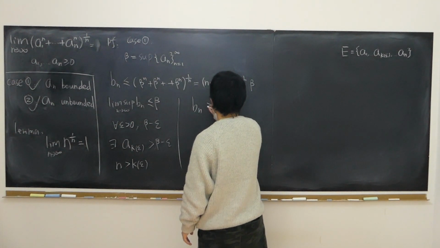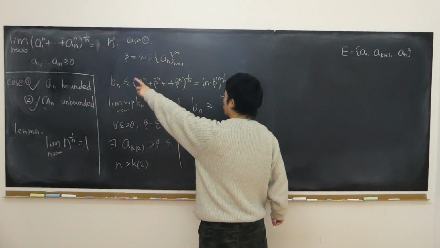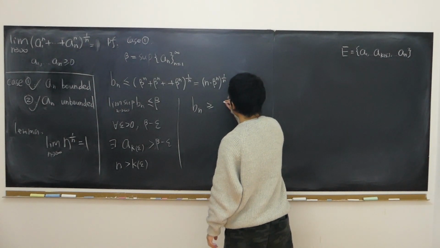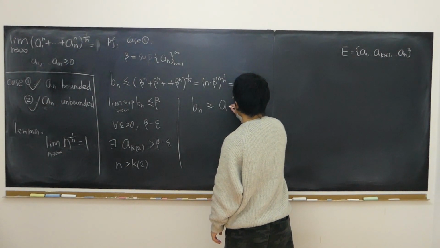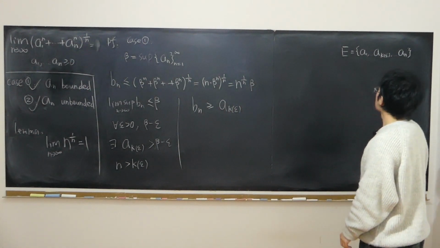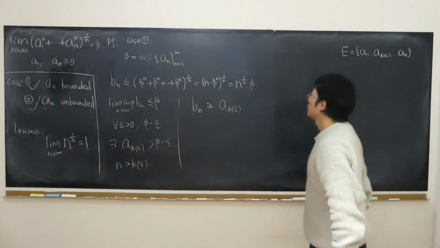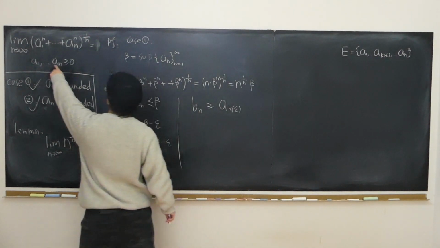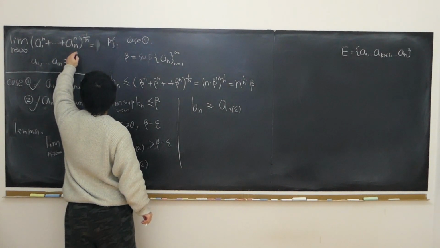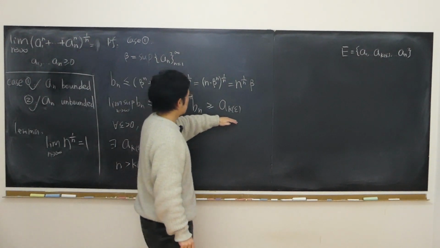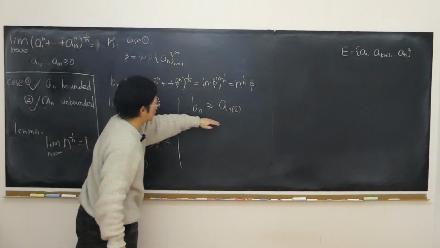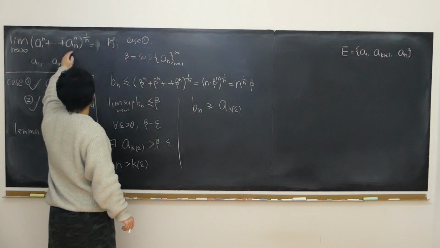Bn now is larger than or equal to, after getting rid of every single term except for A sub k of epsilon. Right? Because I get rid of A1 to the power n, and every other term. A sub k of epsilon is one of the terms here. After this term, we have other terms all the way up to An.